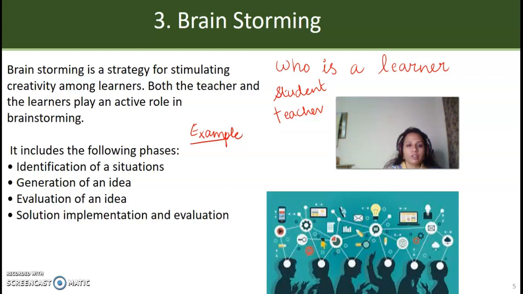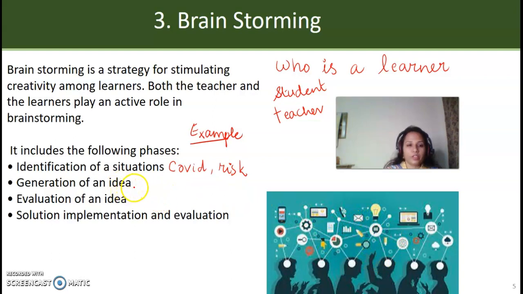These are the phases, in 4 points: identification of a situation, generation of an idea, evaluation of an idea, and solution implementation and evaluation. To understand this, I will give an example. In a classroom, the teacher and the students have identified a situation that there is COVID, so all of them are at risk. In this picture, you can see that they are having a process of brainstorming by exchanging ideas.